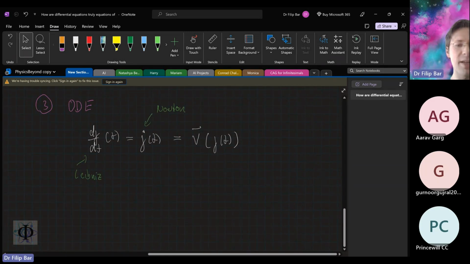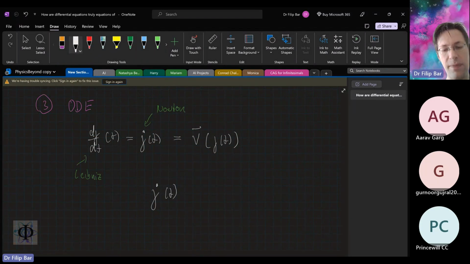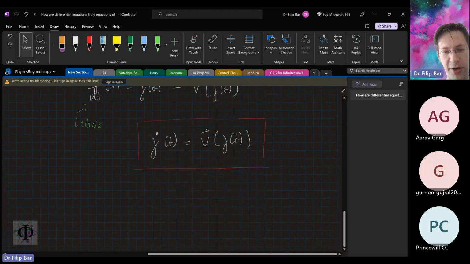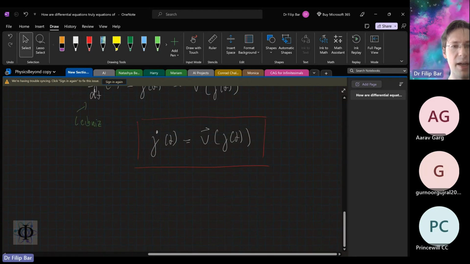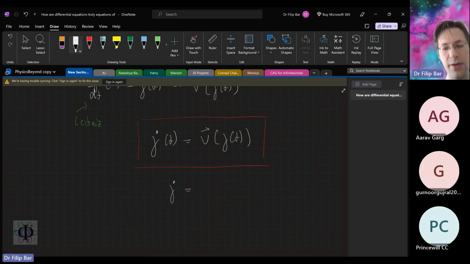And here we go. Now we can pull that together using Newton's notation. I'll write several different notations. So this is your ordinary differential equation, right? Usually we also write that without the t, so then there is v of gamma.